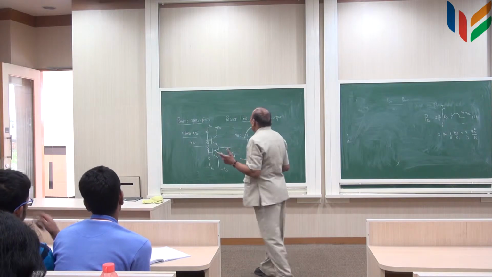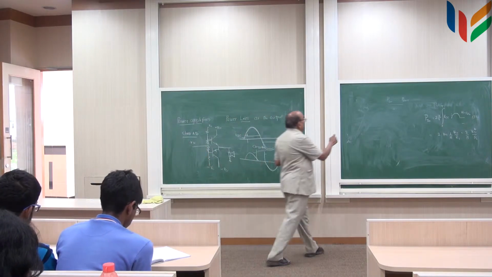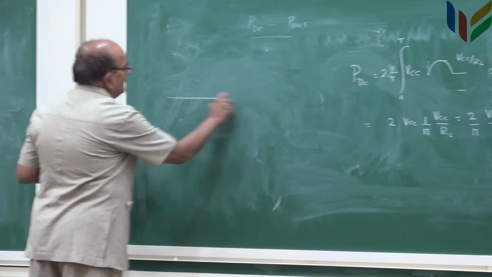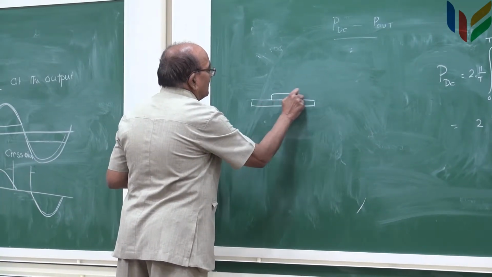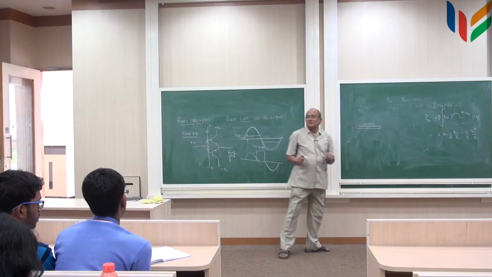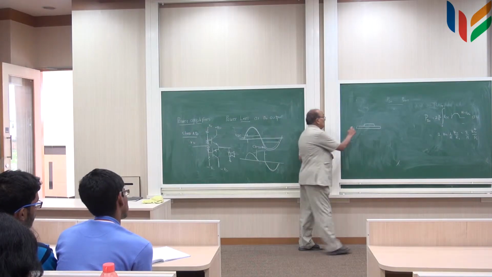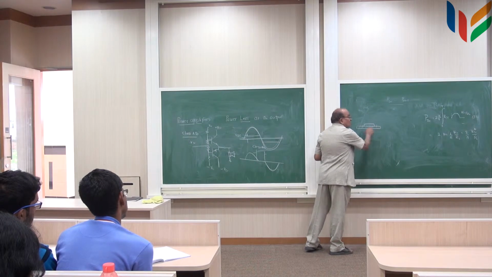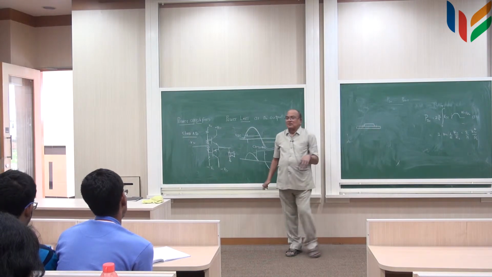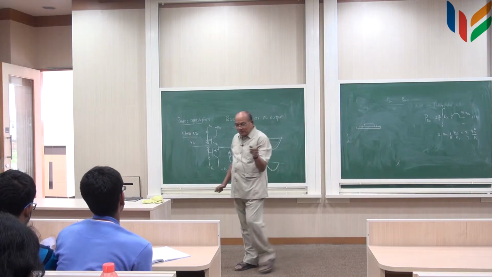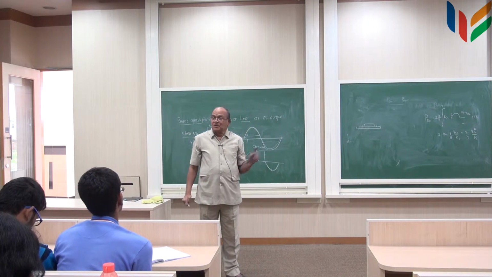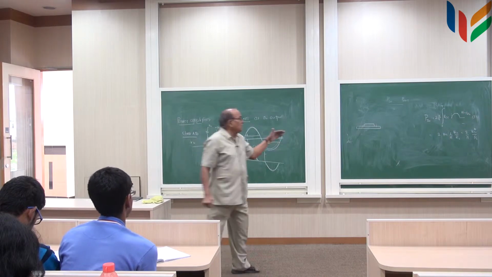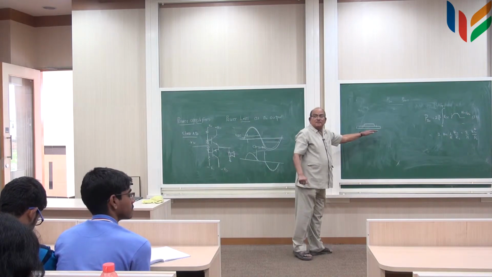So what people do is put a heat sink and mount this transistor on it. A heat sink is a good thermal conductor to take out the heat by conduction, and usually copper or aluminum is used for this material.